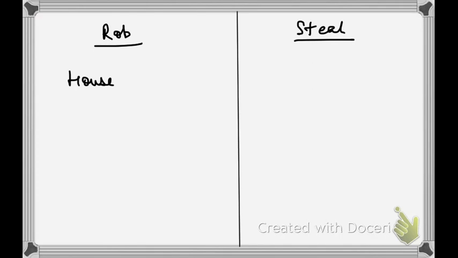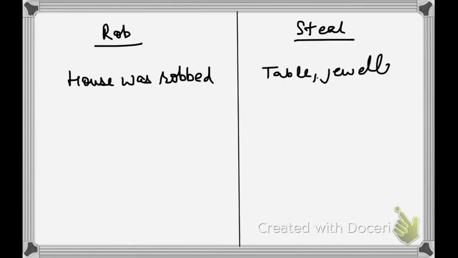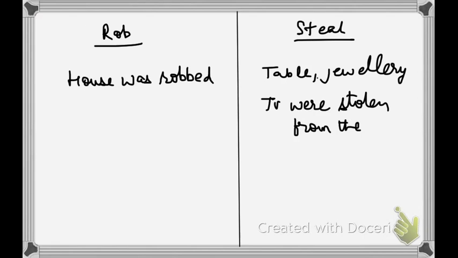Now we move on to the difference between rob and steal. Rob is when you say my house was robbed, and steal is when you say my table, jewelry, and TV were stolen. So the difference between rob and steal is: you rob a place and you steal the things.